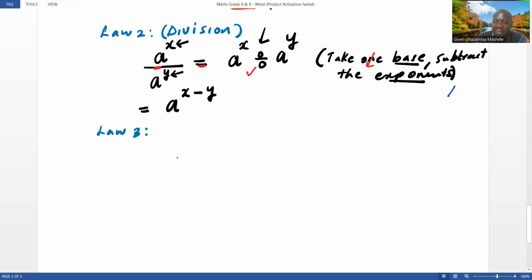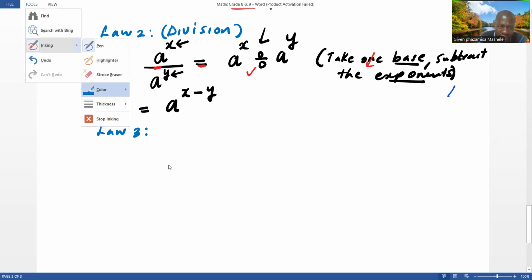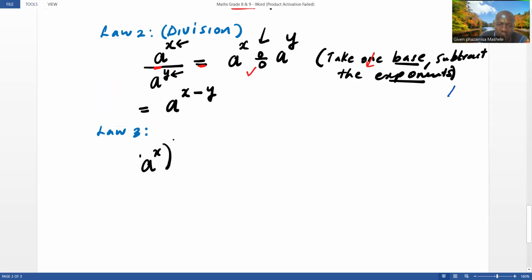Exponents that are raised to the power, raised to more than one exponent. Here's the law. It says if you have a to the exponent of x, everything to the exponent of y, how many exponents are we having here? Let's just look at them and try to analyze this. So the law says as long as you have multiple exponents on one base, you just take the base and you multiply the exponents.